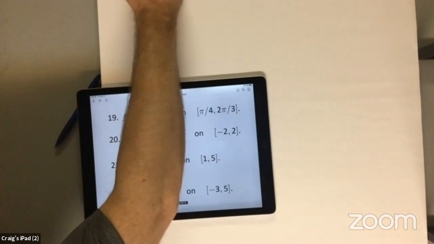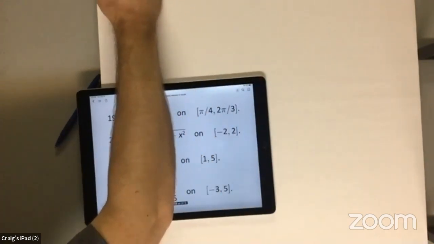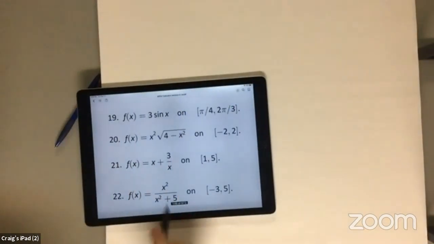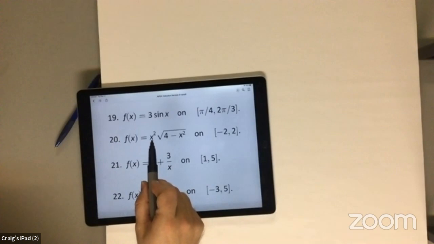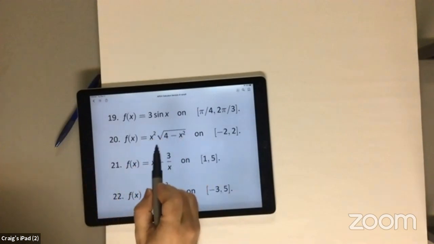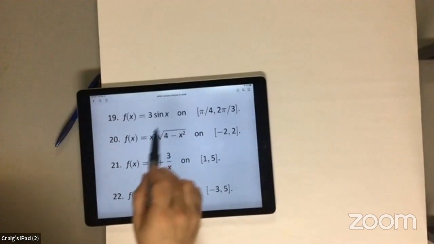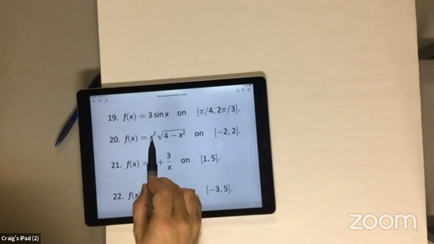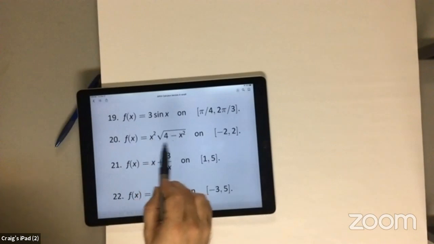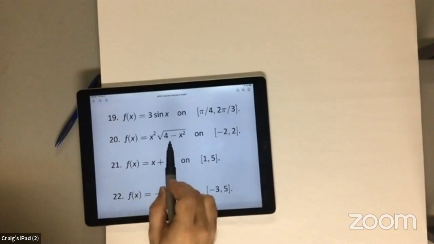So taking this derivative, we're looking on number 20. The first rule I'm going to use here is product rule, because the product is the order of operations here. Then I'm going to have the product of this thing, and the chain rule is later going to happen to this piece. So what we have here is I'm going to have to differentiate the first, leave the second one alone, plus leave the first one alone, differentiate the second one.